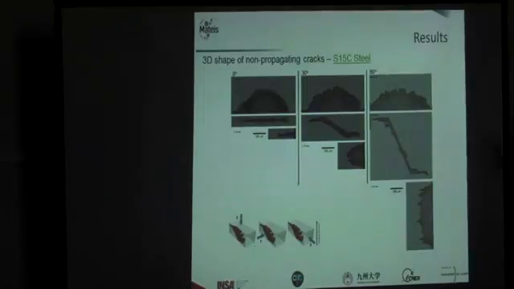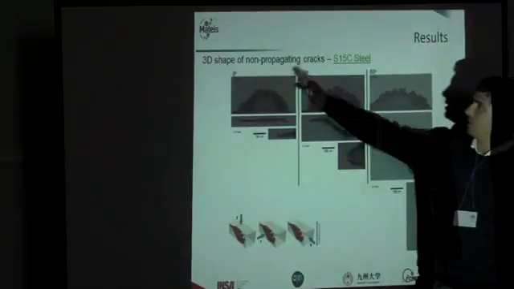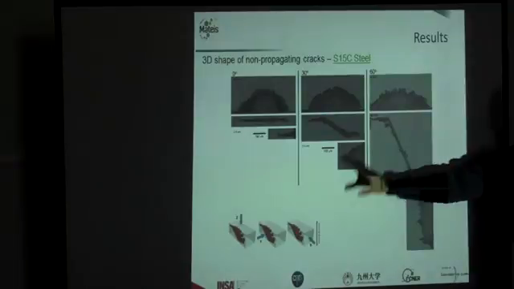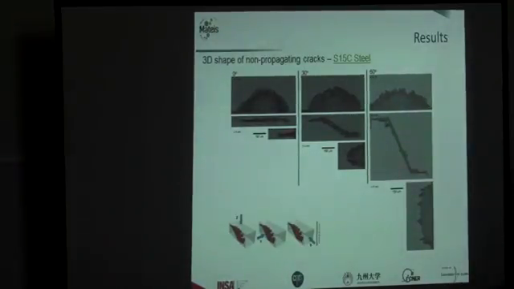But the idea, these are the axial projections of the cracks. This is the 0 degree crack, this is the 30-degree artificial defect, and this is the 60 degrees, in the case of the low carbon steel.